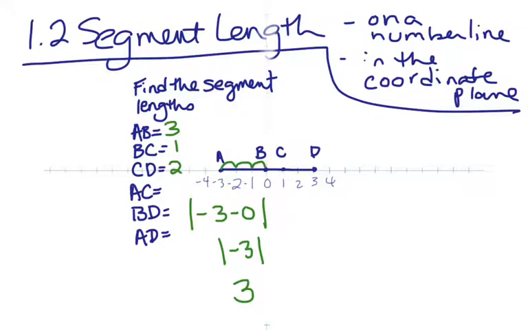Since we know AB and BC, we can add those together, or we could have just counted from A to C. Same thing with BD. Since we know CD and we know BC, we could use segment addition postulate and add 1 plus 2, or we can just count from B to D as 3. And again, same thing with AD. So different ways to get there.